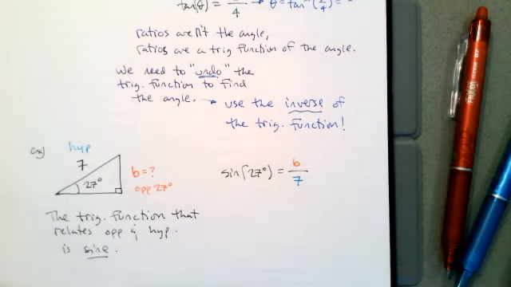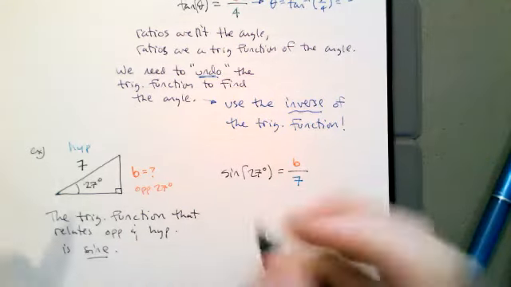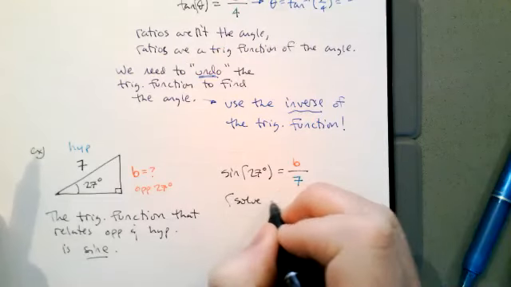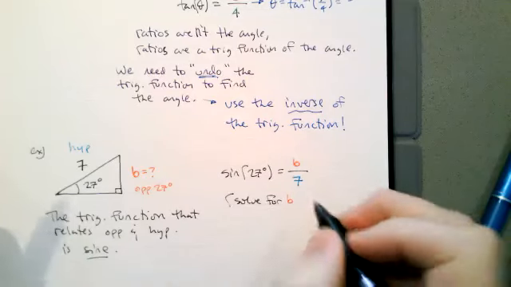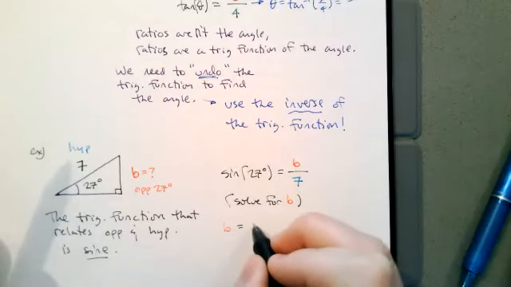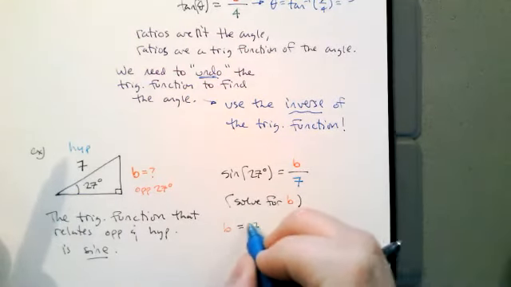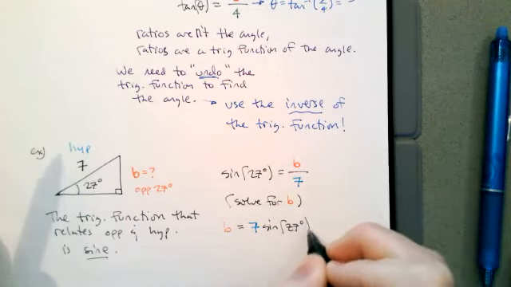Now I just want to figure out what B is equal to. Since the sine of 27 is B divided by 7, that means the side B is 7 times the sine of 27. So this tells us, if I solve this equation for B, we see that B is equal to 7 times the sine of 27 degrees.